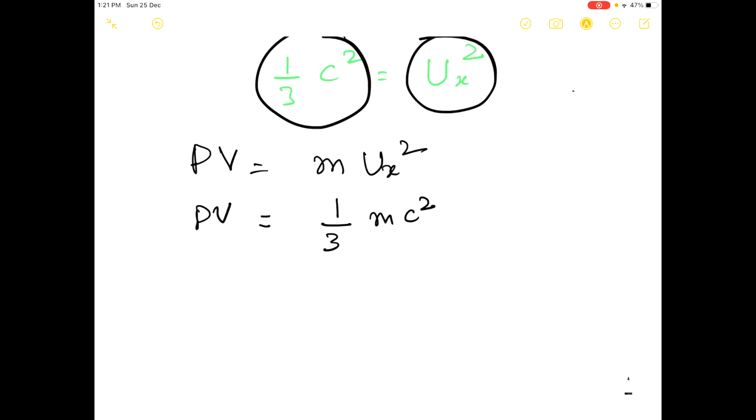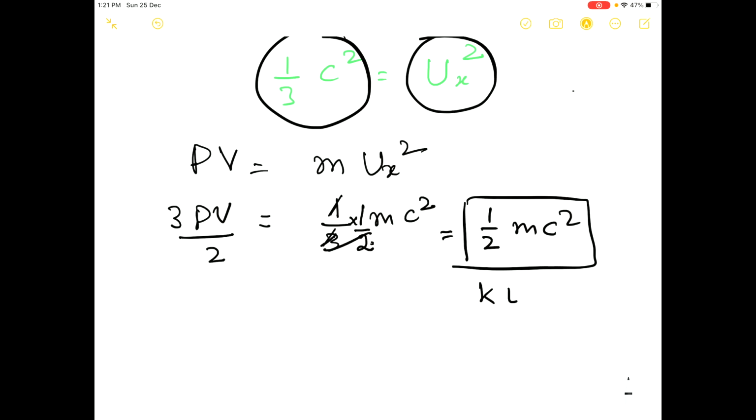Now, if we multiply both sides by 3 by 2, we get 3 PV by 2 equal to 1 by 2 mc square, and this is the kinetic energy. C is the velocity, and this is the formula for kinetic energy.